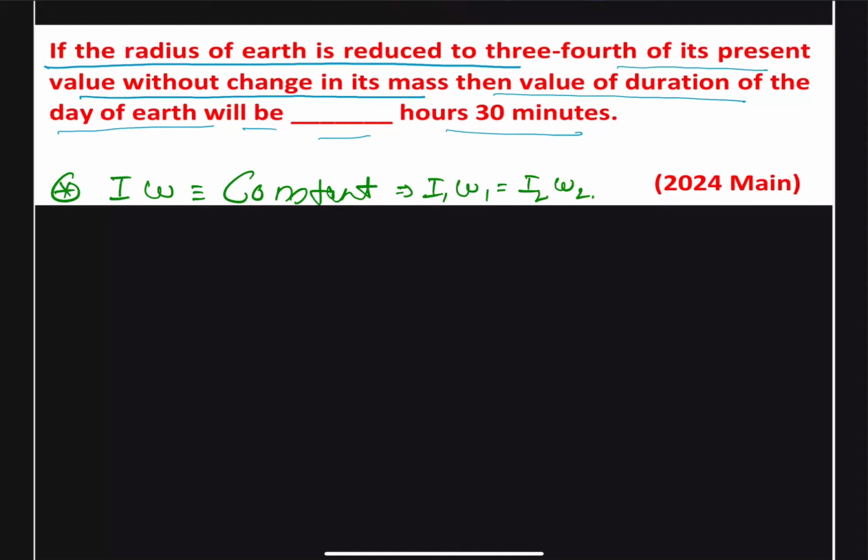and it is given that there is no change in mass, and same shape is to be maintained, only the radius is 3/4, and we know that our moment of inertia is proportional to our r square, because it says that same mass.